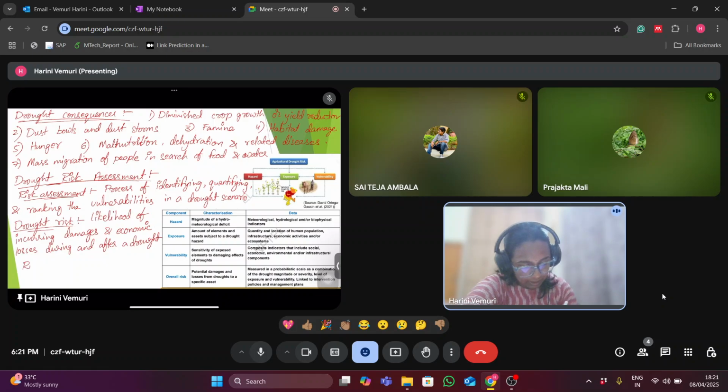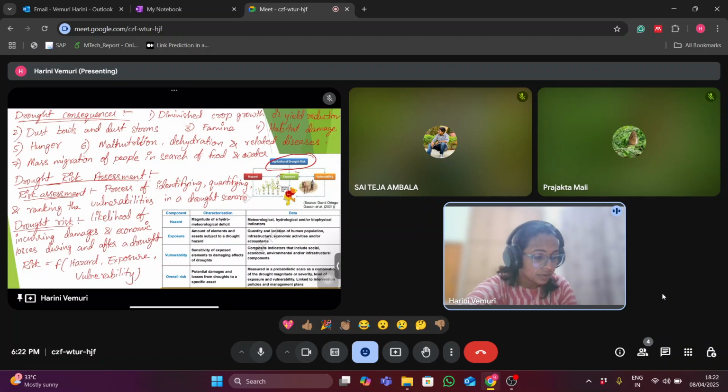Okay, so generally risk is a function of hazard, exposure, and vulnerabilities. So here, if you see, there is an agricultural drought risk, and first we will look into what is the hazard related to the drought and how much area or what kind of crop or what extent it is exposed to.